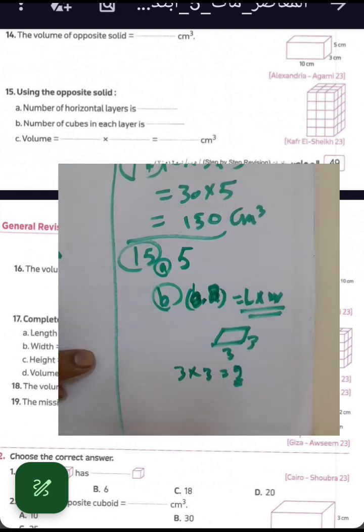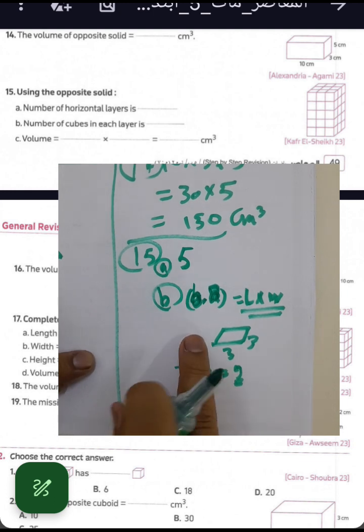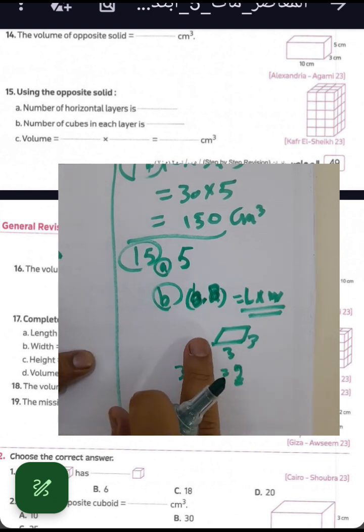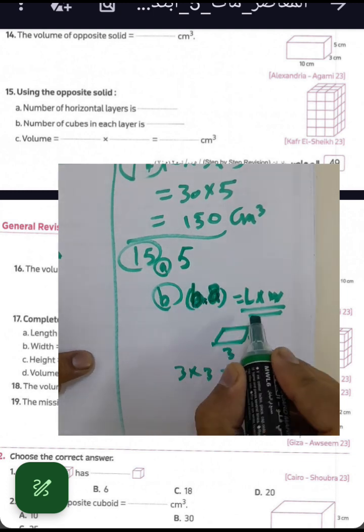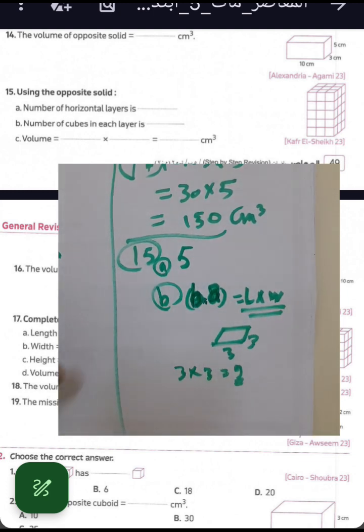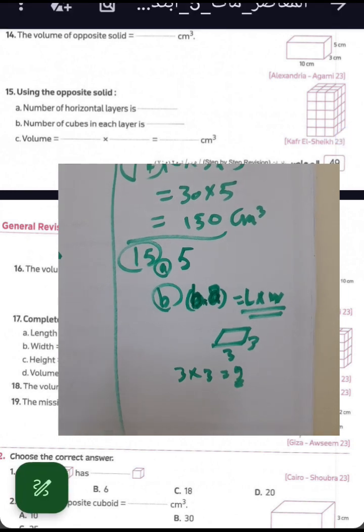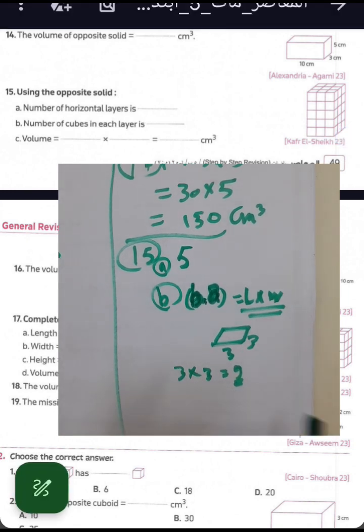Number of cubes in each layer means base area. Base area is length times width. Length is 3, width is 3. 3 times 3 equals 9. It was letter B. Letter C, volume.